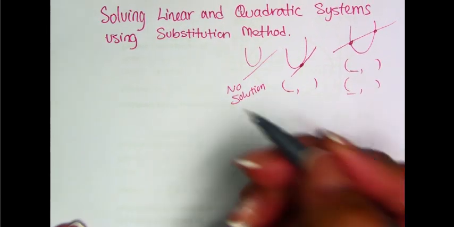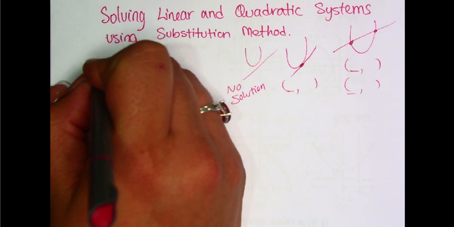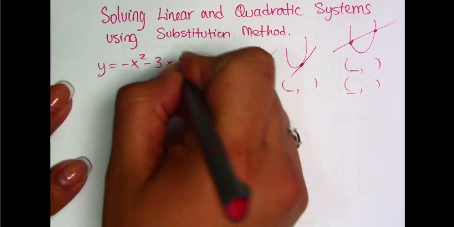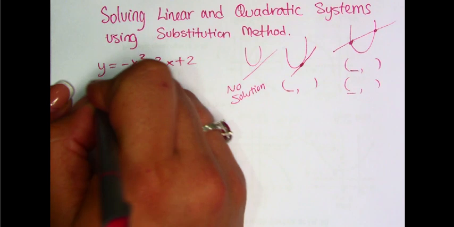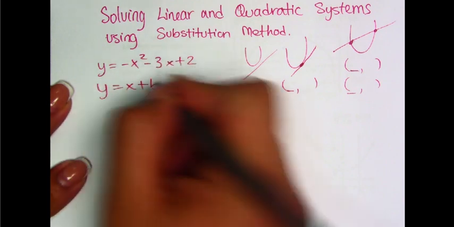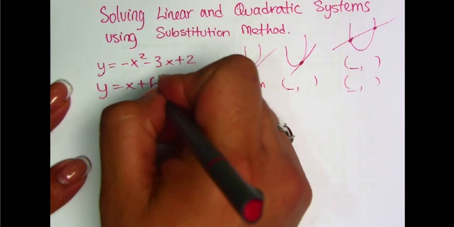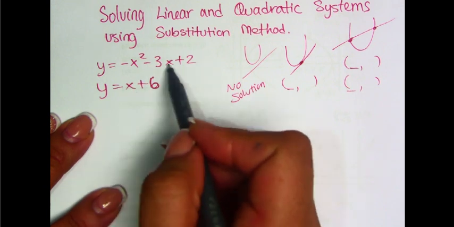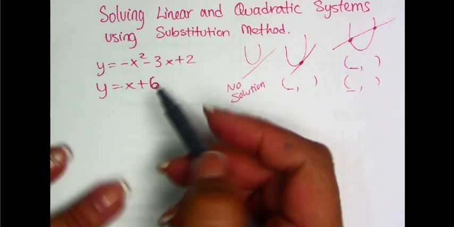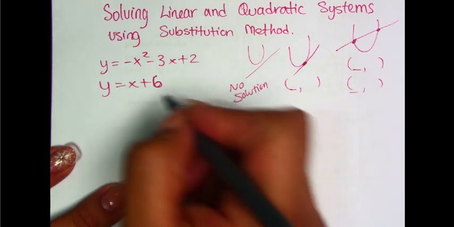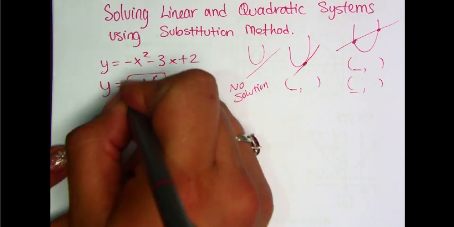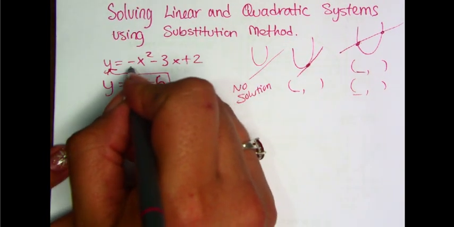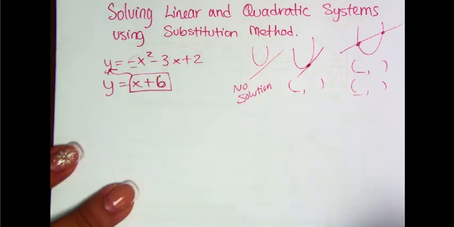One example would be if you're given the system of y equals negative x squared minus 3x plus 2 and y equals x plus 6. Here we have a quadratic equation and a linear equation. The first thing you want to do is substitute the expression of the linear into the other, or vice versa, the expression of the quadratic into the linear.